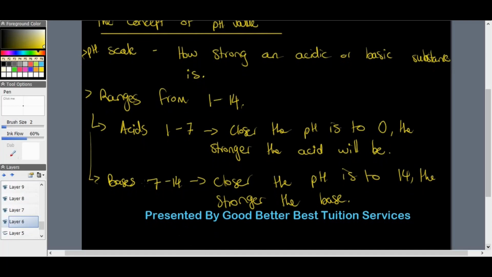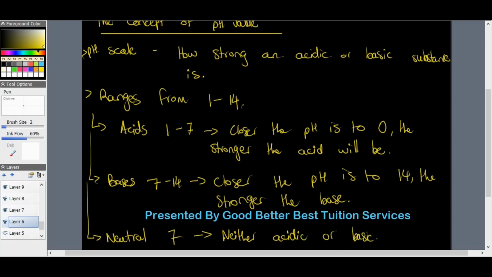And then lastly, I'm just going to come underneath the little banner here: neutral substances have a value of 7. In other words, they are neither acidic nor basic.